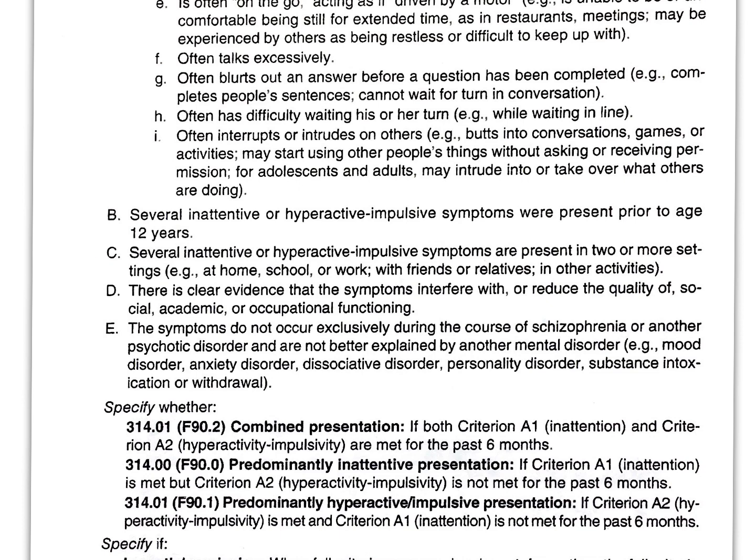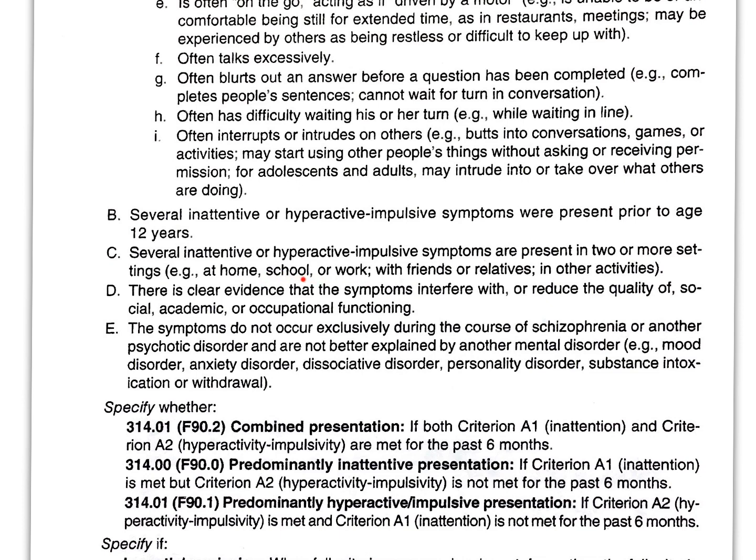Point C, several inattentive or hyperactive impulsive symptoms are present in 2 or more settings. So it has to be at home and school, or at home and work. I'm sorry, I'm misrepresenting this. It needs to be at school, home, or work, and it needs to be present with friends or relatives, which I guess is, in a way, kind of synonymous, but I would probably interpret this as it needs to be at home and one of these 2 locations.